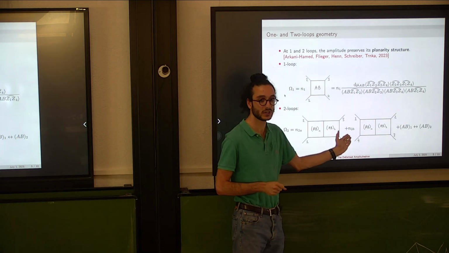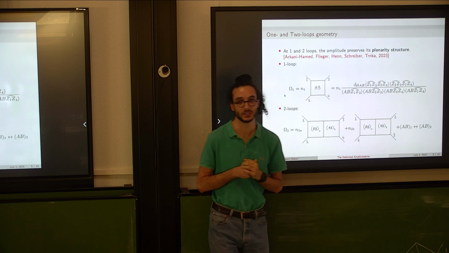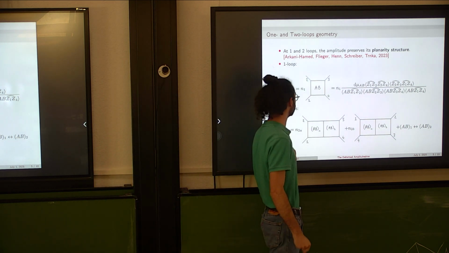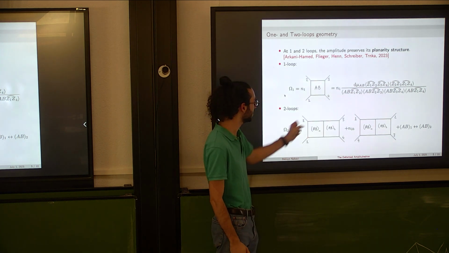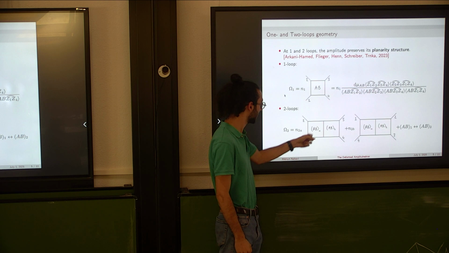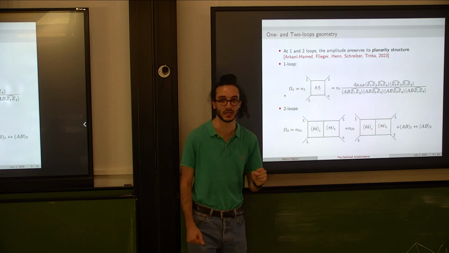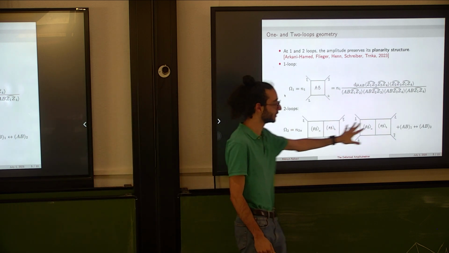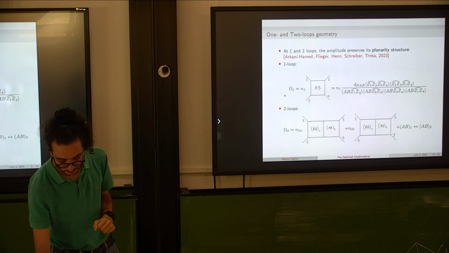Each box corresponds to one diagram, and each line adjacent to each momentum is associated to the corresponding boundary. For instance, this one will be AB12 hat, this one will be AB12 hat, this one will be AB123 hat, this one will be AB1, AB2. So only a certain class of terms will respect this planarity structure, and we manage at 2 loops to exclude the ones that are non-planar.